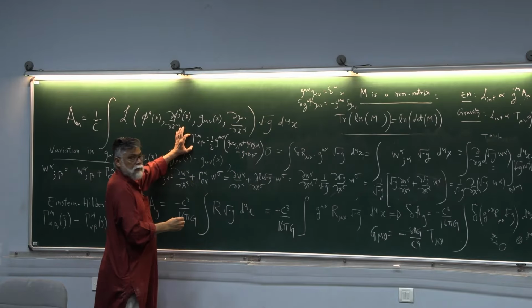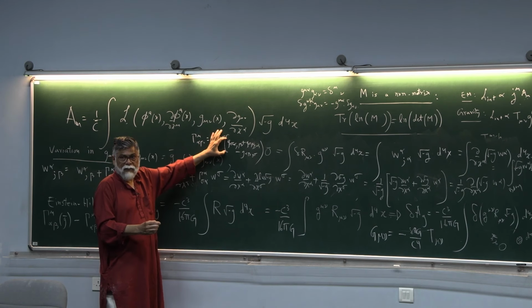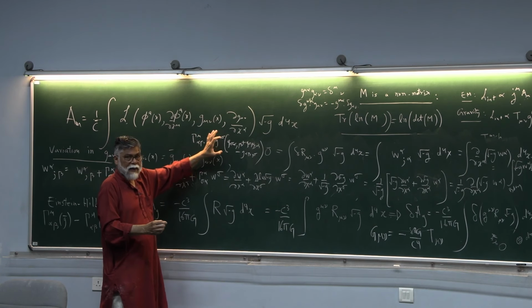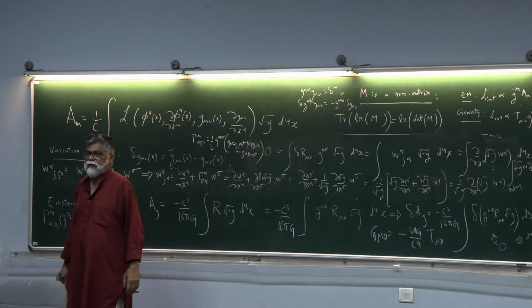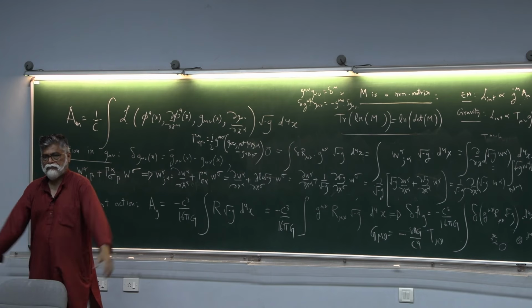So delta will have delta of this part multiplied by this, and also this into delta. Yeah, you need also the first derivative of the metric to be 0 at infinity.